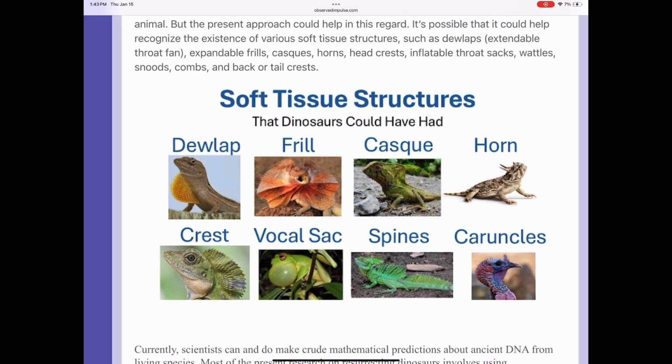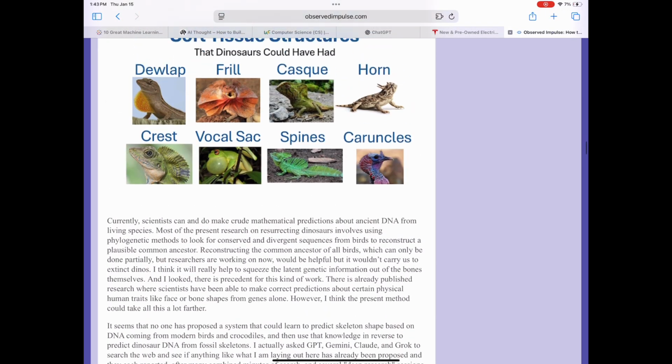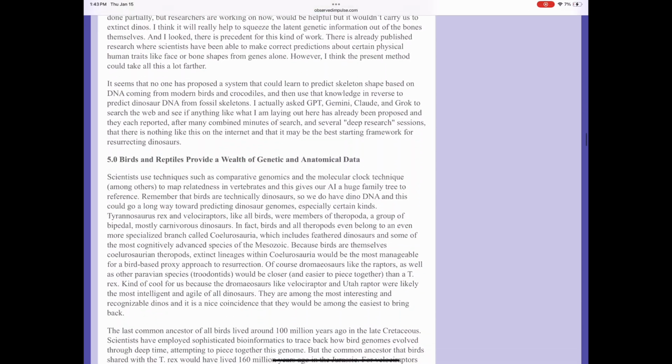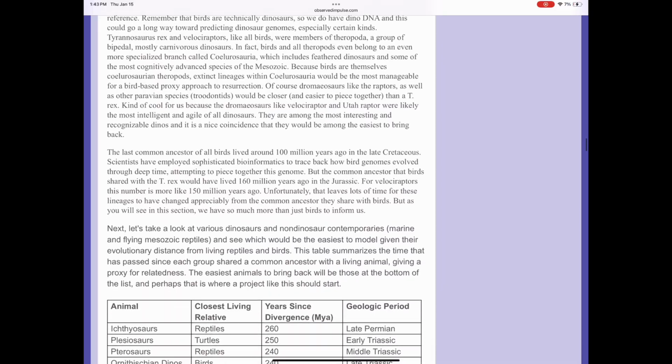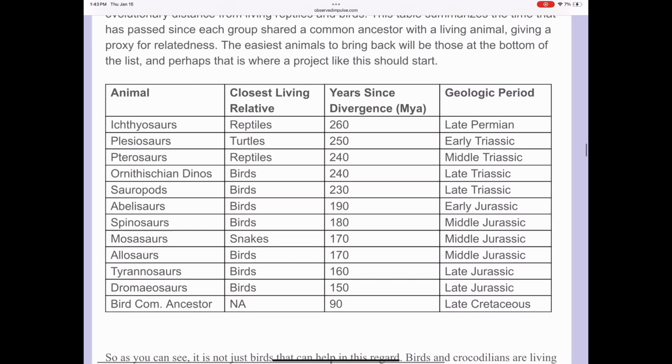So birds and reptiles provide a wealth of genetic and anatomical data. Here I show various animals and animals we think of as dinosaurs. Of course, ichthyosaurs, plesiosaurs, and pterosaurs are not true dinosaurs. And I show their closest living relative in the years since they diverged.